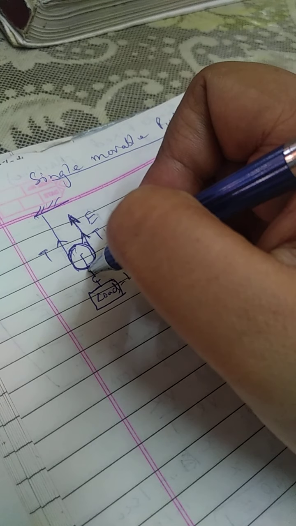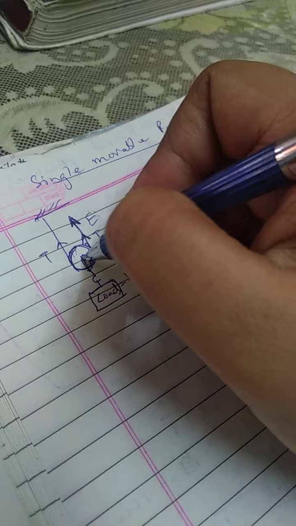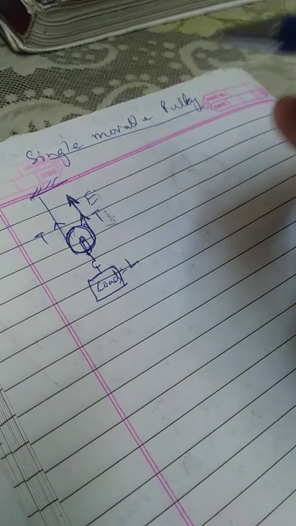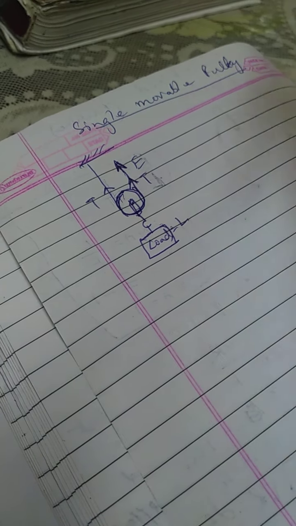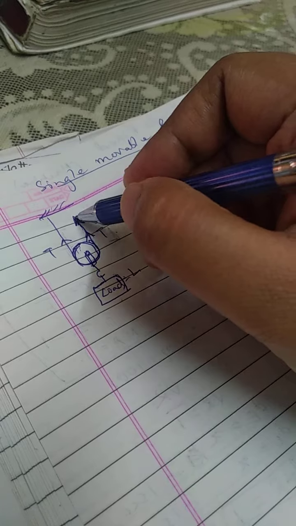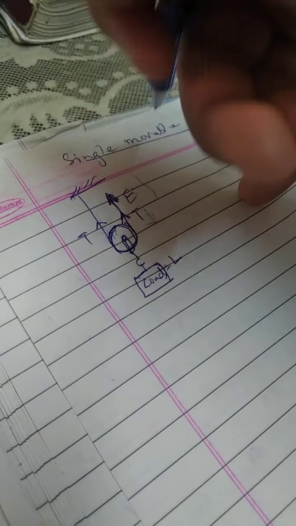Okay, so now this load is balanced by these two tensions on the string. And this tension at the open end of the string is balanced by the effort, that is we are pulling it upward.